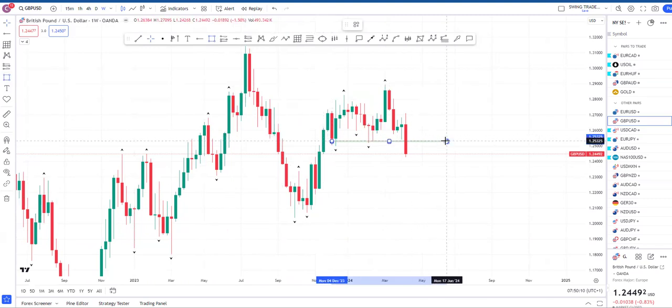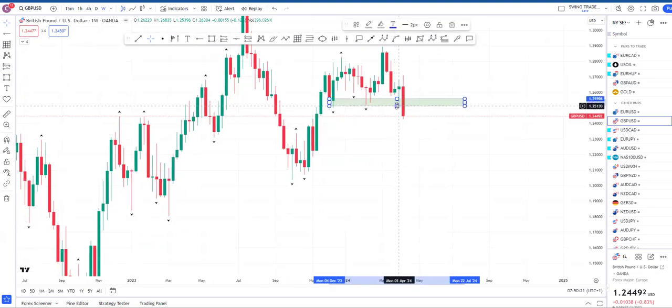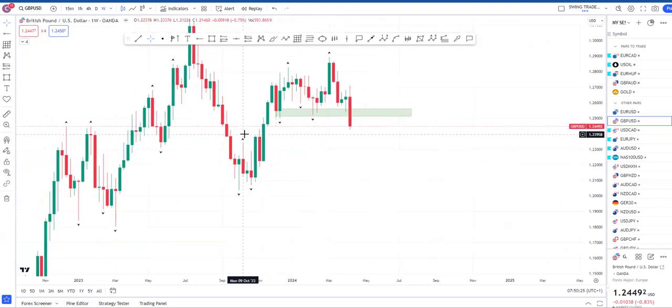But the only thing is we have several structures to pay attention to. We have a structure here. Okay, we have a structure here that we need to pay attention to as well on the weekly. And also we have a structure here that we need to pay attention to as well. So this is very interesting because even the structure was a breakout.